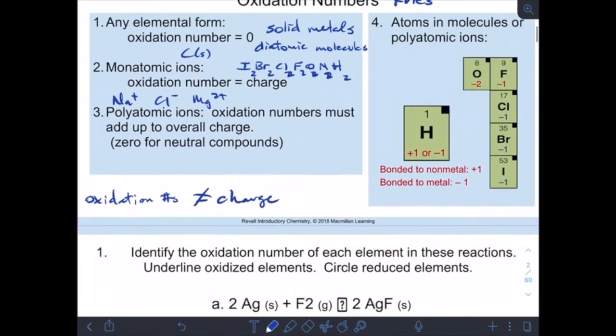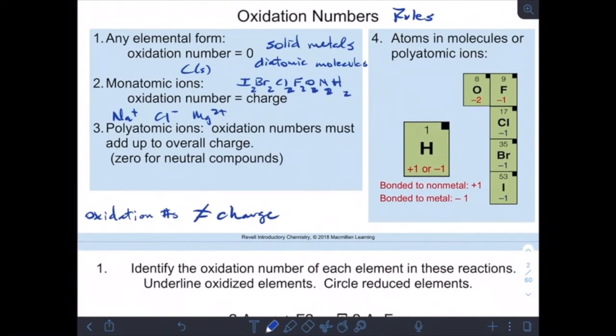Before I go away from this, these are the same always. Oxygen is always a -2 oxidation state. Fluorine is always a -1.